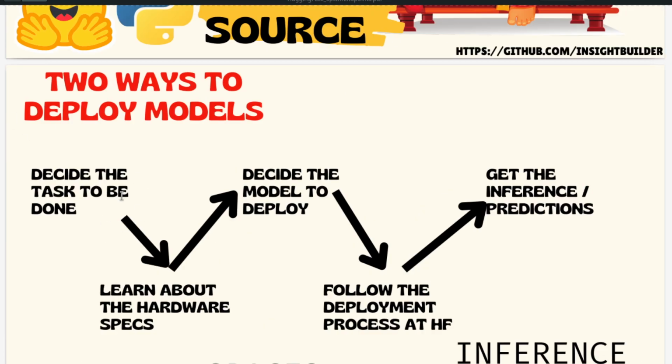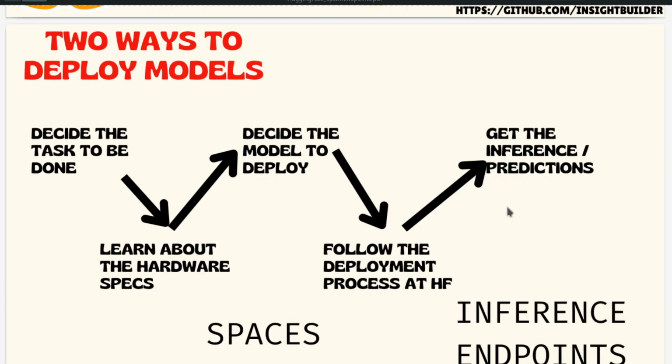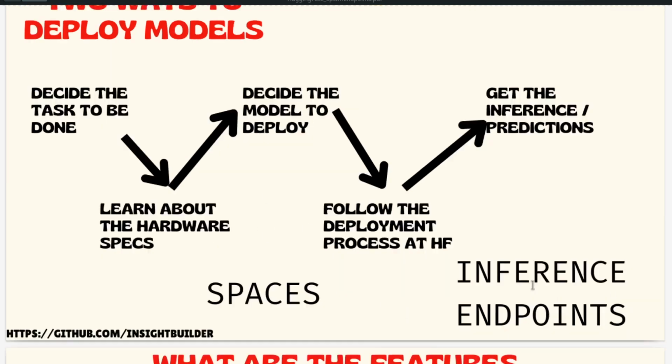We know the task: we are going to do text generation. We have seen the hardware. Next we decided on the model, that is GPT-2, and we have completed the Spaces deployment process inside Hugging Face, and we also saw the inference process. We have already completed these 3 steps. Now we are going to do this step again for the inference endpoint.